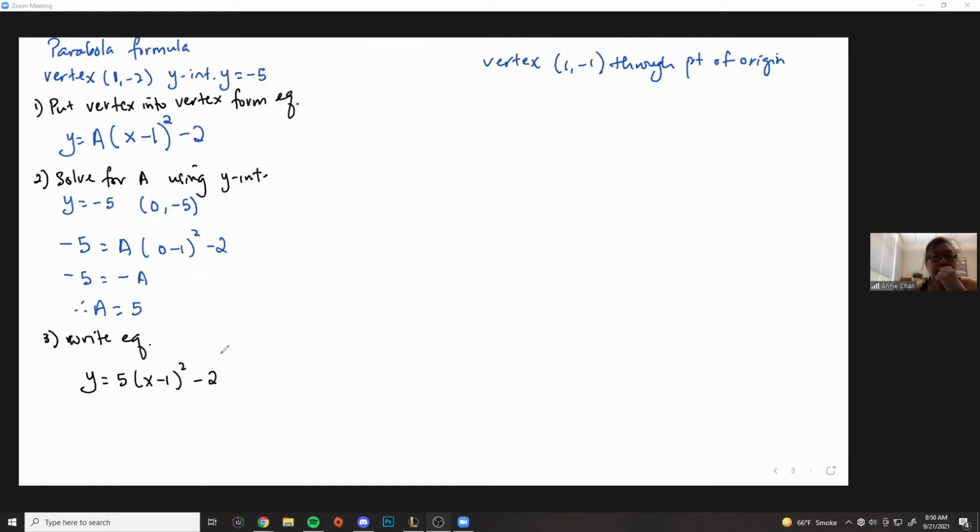All right. They might give you a point. It doesn't matter if this point is the origin. It could be a number. It could be an x and y coordinate with numbers. Okay, so same thing. We put it into the vertex form.